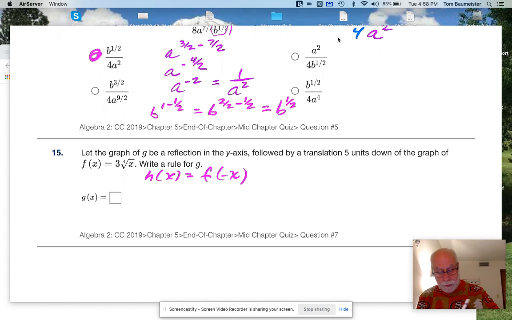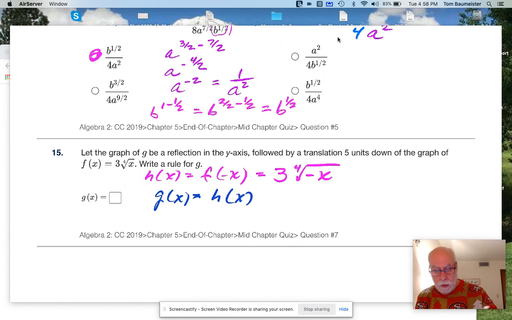But since it's on the inside, wherever we see x, we are now replacing it with negative x. So that's our h of x. And now our g of x is going to be our h of x plus our k, because again, it's going up or down, so it's not being attached to the x.